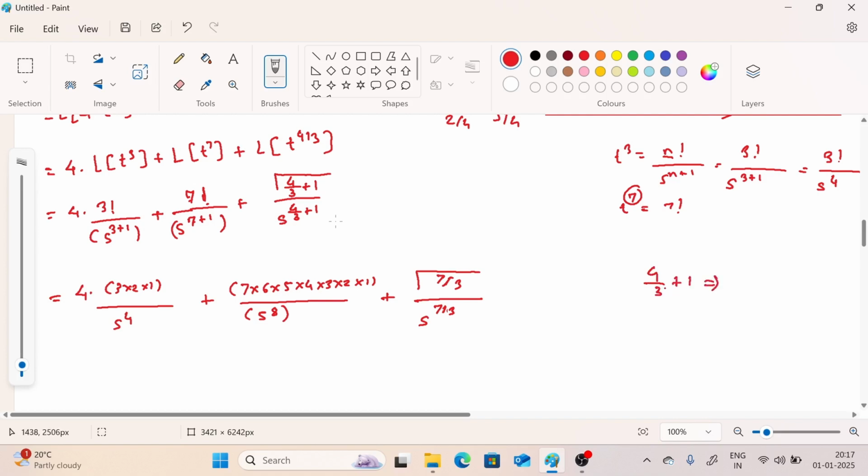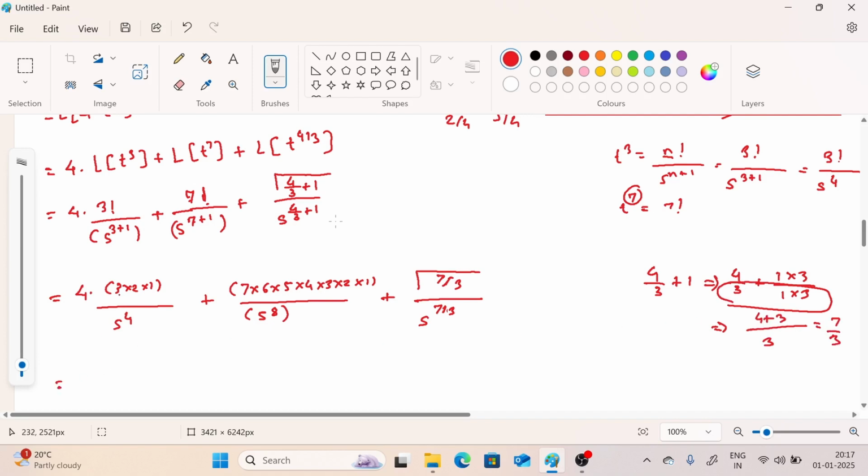Now to get the same denominator base, I will multiply and divide, which gives 4 by 3 plus 1, that is 7 by 3.